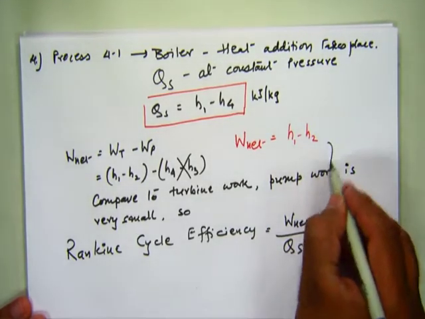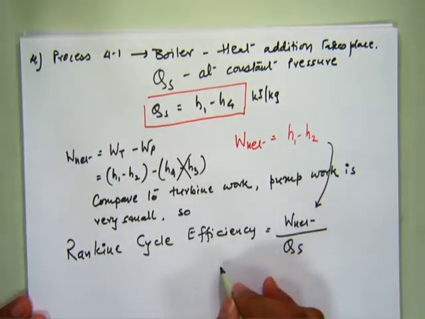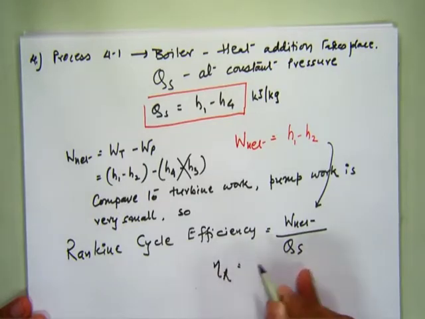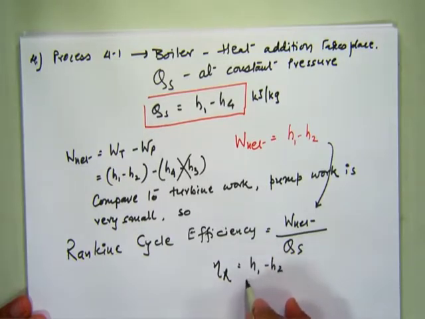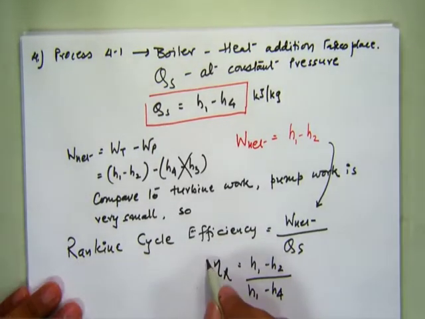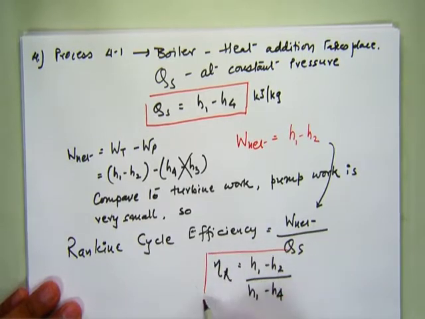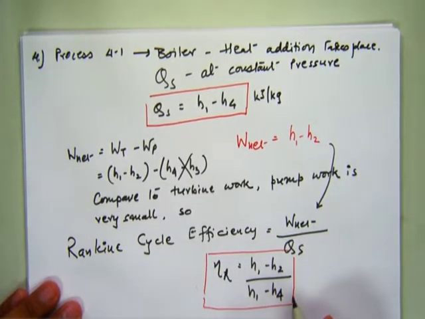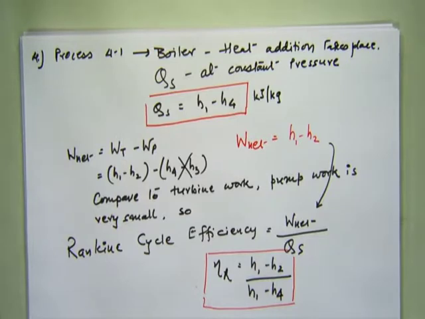Net work H1 minus H2, so eta R is equal to H1 minus H2 upon heat supplied H1 minus H4. This is the Rankine cycle efficiency.